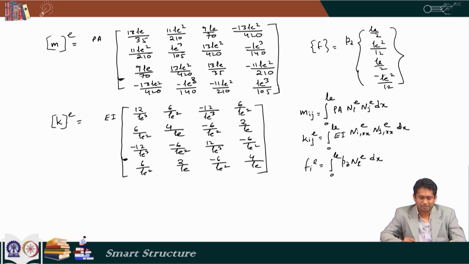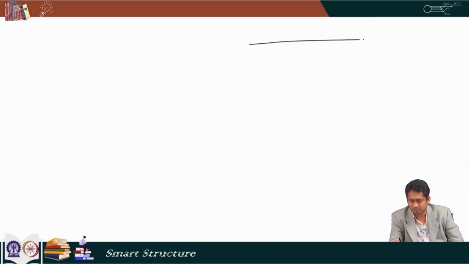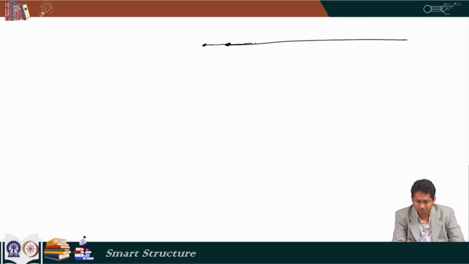So, now that we have found the elemental equations, we need to find the global set of equations. To do that, again let us remember that we had divided the entire domain into a set of elements going from x equal to 0 to x equal to L, and each of these elements has two nodes.